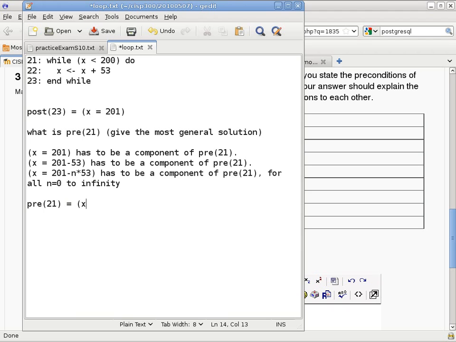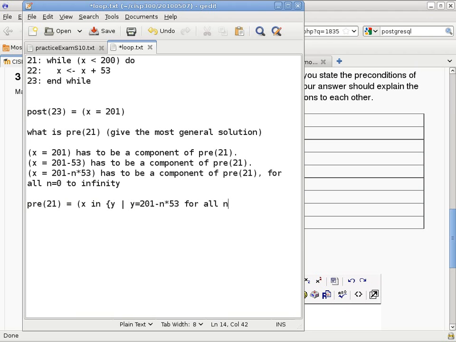I might give you nested conditional statements, but nothing like this. So in this case, the proper description is to say that pre-21 equals, x is, I'm just trying to find out what is the best way to express it in the context of this class.